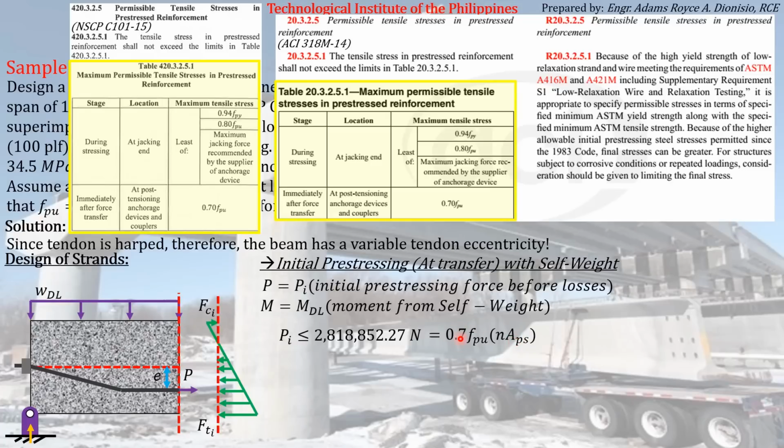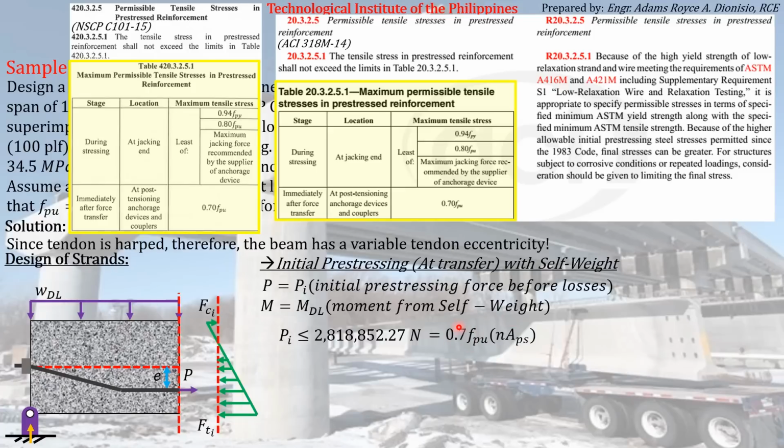Given that the maximum stress that will be experienced by the pre-stressing reinforcement at transfer is just 0.7 fpu according to this table that you are seeing here immediately after force transfer. So you can see here that the code specifies a maximum of 0.7 fpu tensile stress that will be experienced by the pre-stressing reinforcement immediately after force transfer, which is the stage that we are talking about here.